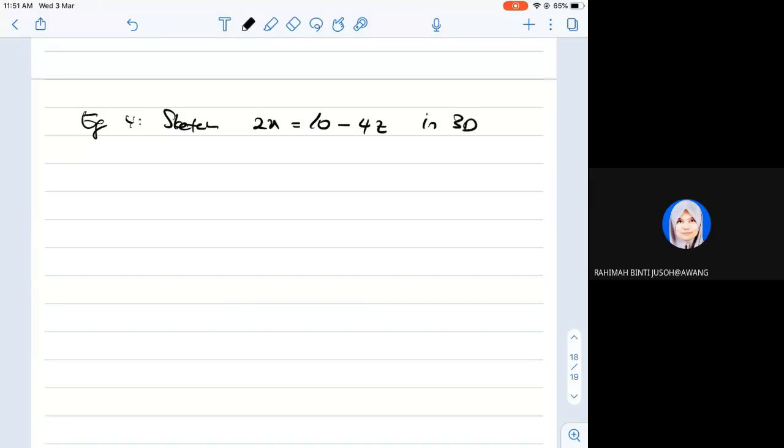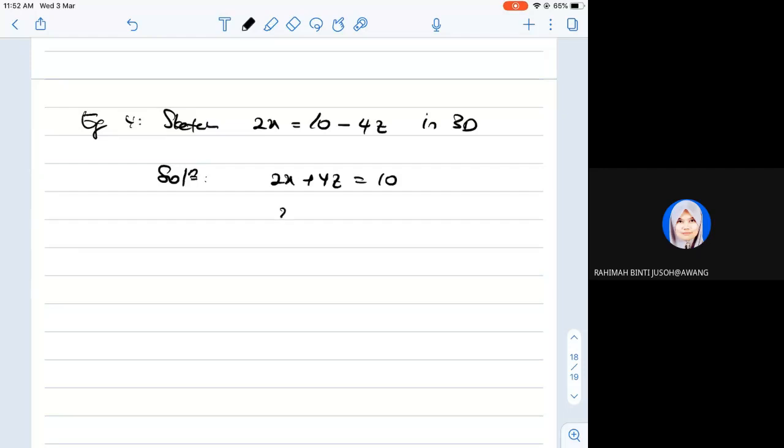Okay, first step kita buat apa? Alihkan. Move the variables to the left hand side. So we have 2x plus 4z equals to 10.